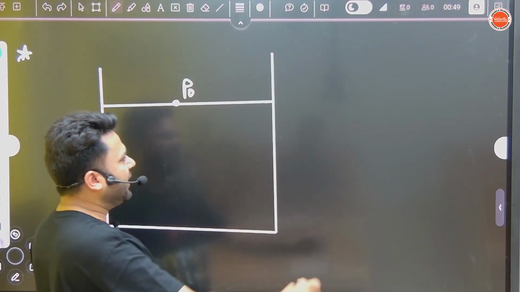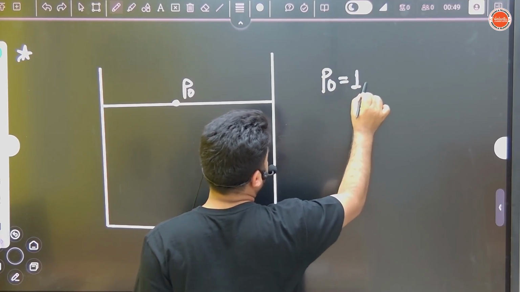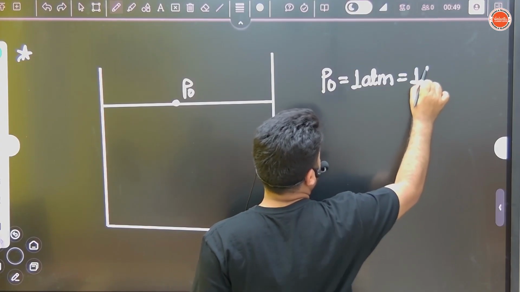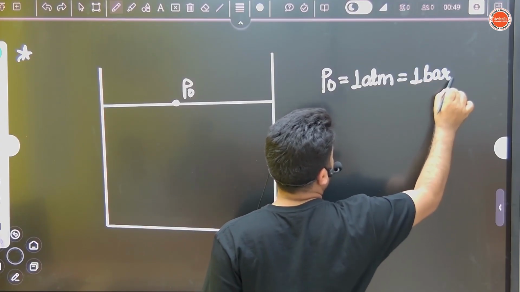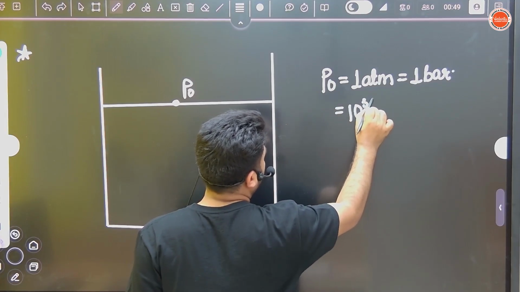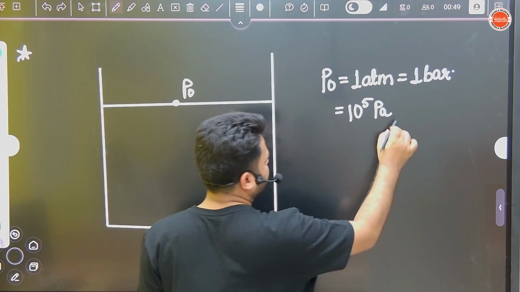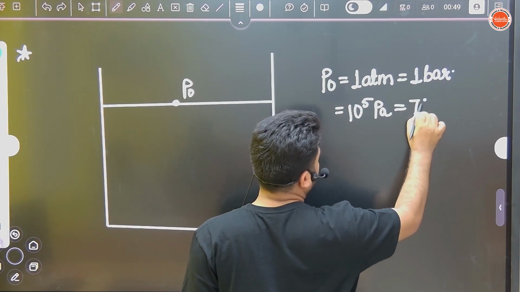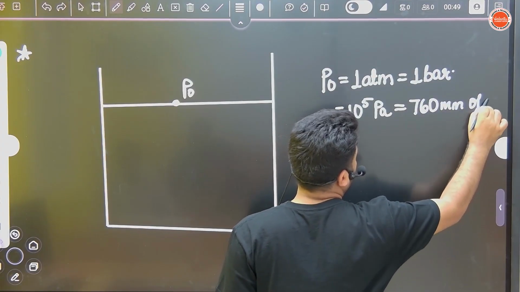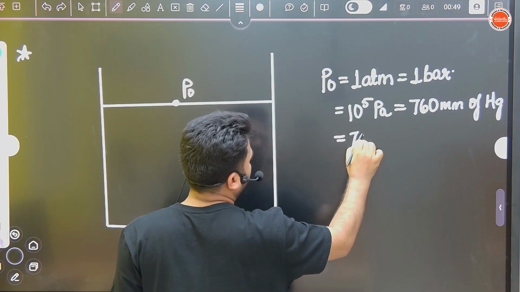So what is the pressure of atmosphere? P naught. Pressure of atmosphere is around 1 atm, which is almost equal to 1 bar, which is almost equal to 10 power 5 Pascal. Which is also equal to 760 millimeter of mercury, or 760 torr.